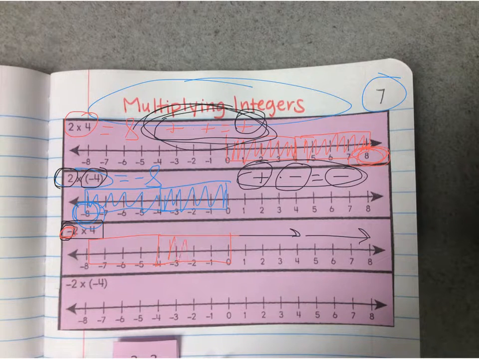So there's my first group of 4 and my second group of 4. So negative 2 times 4 is actually a negative 8. Okay? There you go. So negative 2 times 4 is negative 8. So my rule on this one is, let's see, we have negative times a positive equals negative.